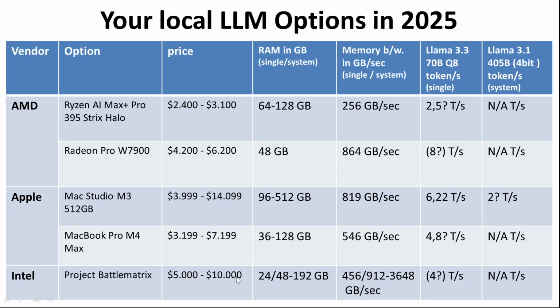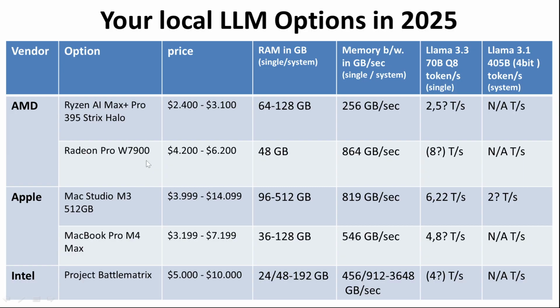So the verdict from this slide is, if you want to get a machine with a lot of RAM, really easy to use, to set up, quiet and so on, consider the Mac. If you want to get a cheap system but are prepared to do more hand-holding, tuning, and possibly even a bit more challenges, you might look into the project Battlematrix or building something with Radeon Pro W7900.